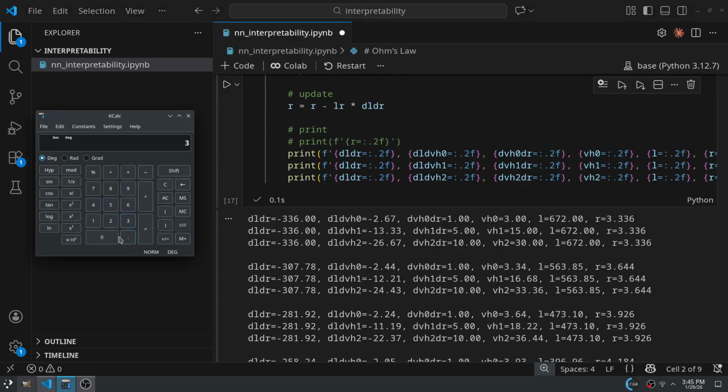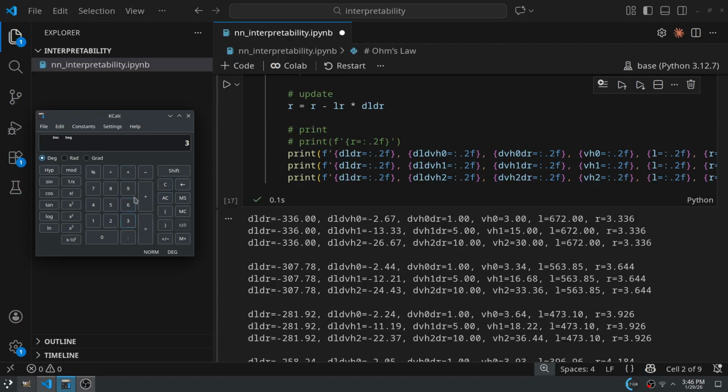So 3 minus the learning rate of 0.001, then times the global derivative of 336, and that equals 2. Oh, sorry, my bad. I think I did the wrong sign. Okay, excuse me.